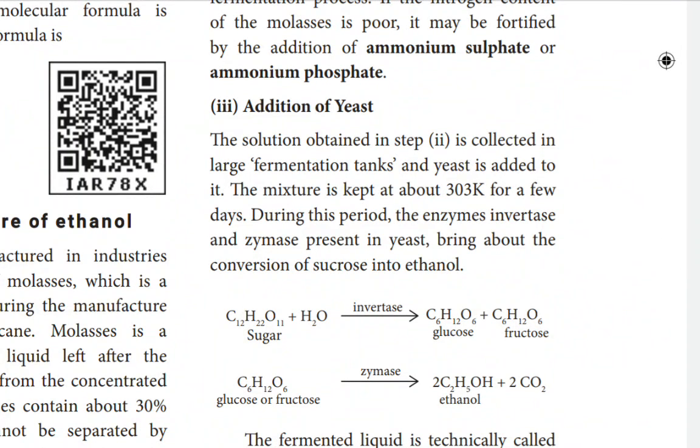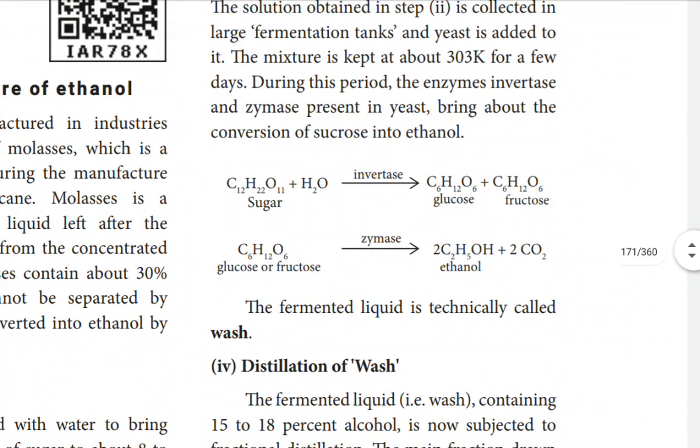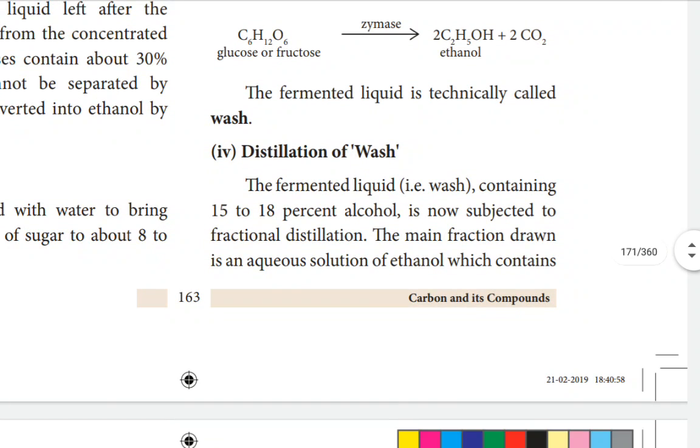Temperature is 303 Kelvin and yeast is added, and invertase converts sugar molasses into glucose and fructose. Zymase converts glucose to ethanol and carbon dioxide. The alcohol is called wash because it contains only 15 to 18% of alcohol.